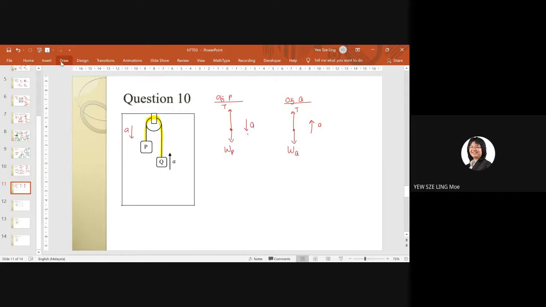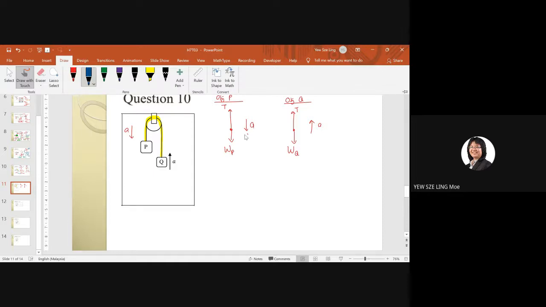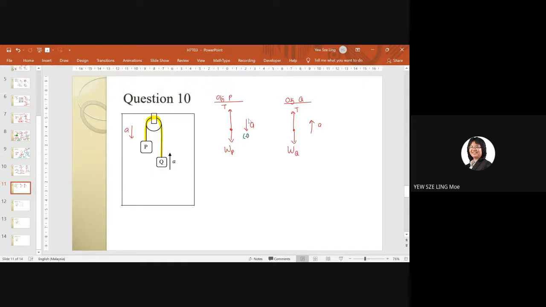So for object P, we take downward as a positive direction and upwards as negative. For object Q, upwards is positive and downwards is negative. This question involves only the vertical component, so you don't have to calculate Fx. So summations Fy equals MPA.